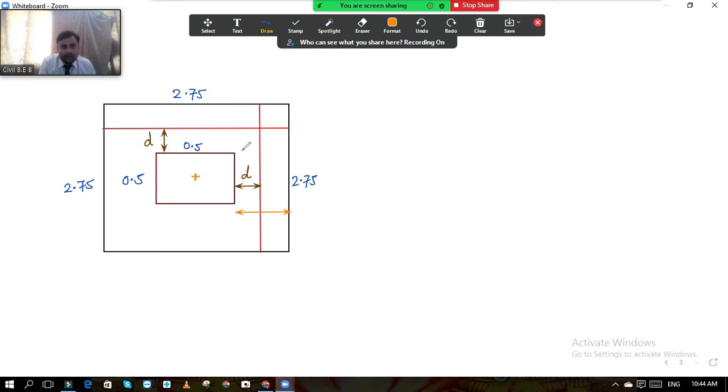Okay, let us assume that this distance is x. Now suppose I want to calculate x. So x is equal to, what can I write? It is 2.75 by 2. If I do that, then from this point to this end I will get the distance. Okay, so from that, if I subtract this much of distance up to the face of the column, how much will that be?